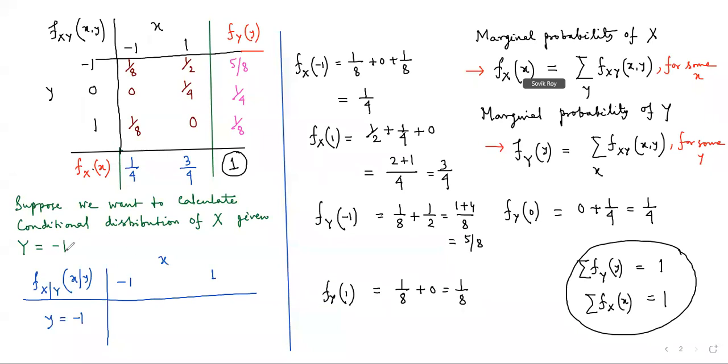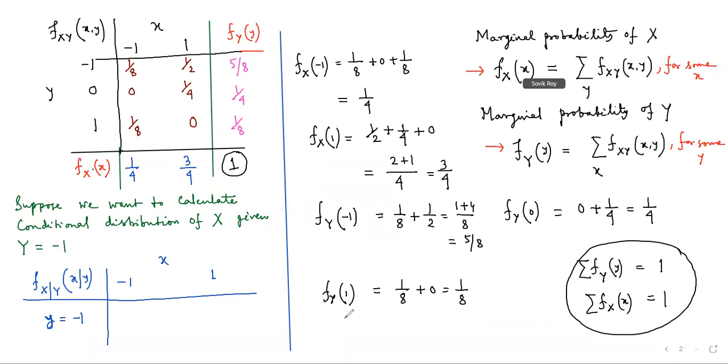Here small y equal to -1 is a value, and capital Y equal to -1 means the variable is taking only one value, that is -1. Given that the random variable Y has taken the value -1, what are the conditional probabilities of this and that?